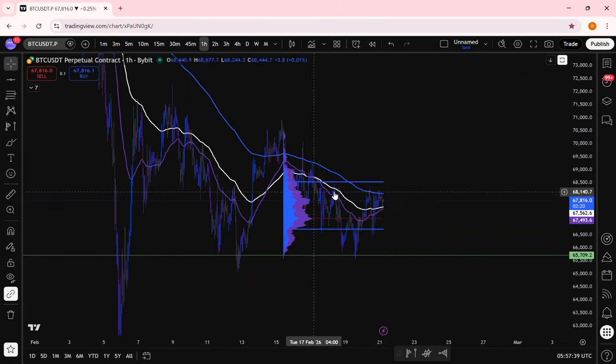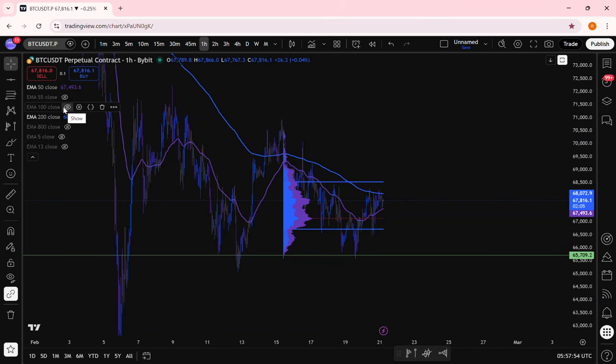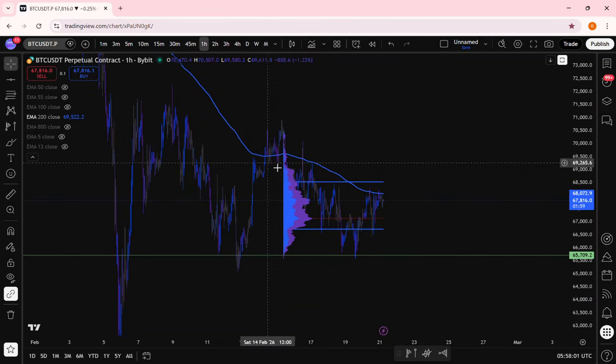Now, no matter how you pull your volume profile, all these time frames, we are still rejecting this blue EMA. And the blue EMA is your 200. So this 200 EMA.